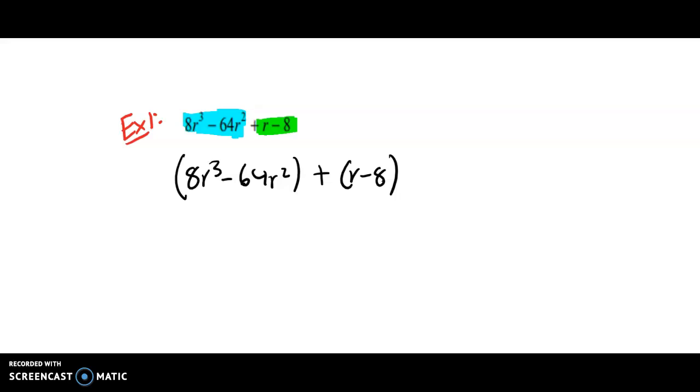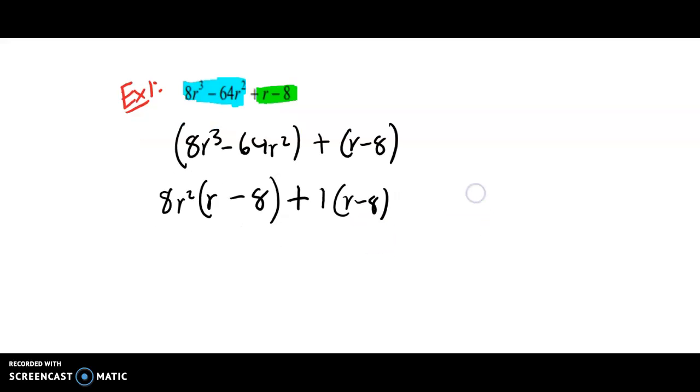We take a greatest common factor out of each group. 8 and 64 share 8. We have to defer to the lower exponent, so we can take an r squared out of each of these. The first term has an r left, -8, because we already took out an r squared, so there's no more r term there. If there's nothing at all to take out, we can always take out a 1. So we're going to say 1 r -8.